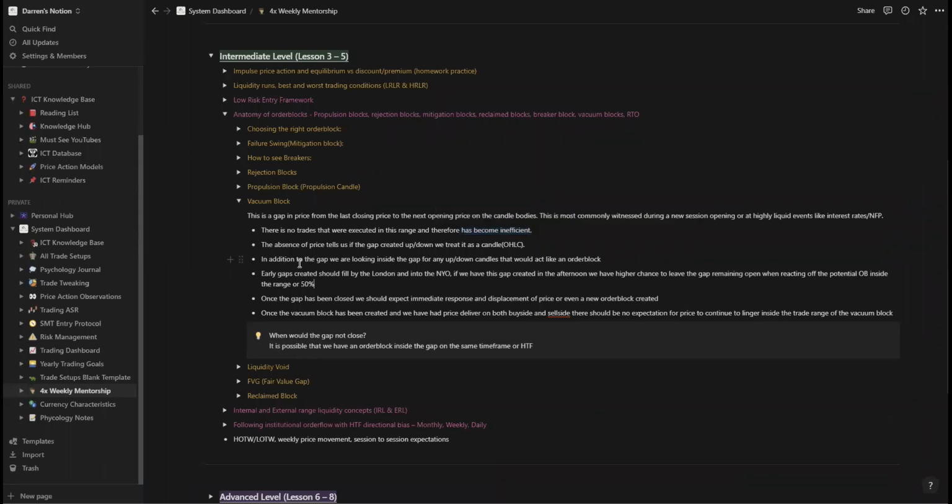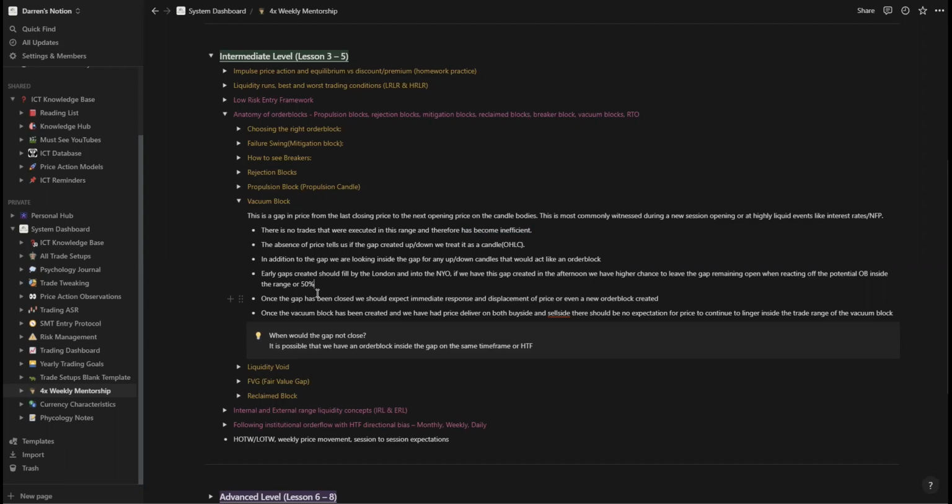Okay, so early gaps created should fill by the London and into the New York. If we have this gap created in the afternoon, we have a higher chance to leave the gap remaining open when reacted off of the potential OB inside of the range. Generally what that means is that if the gap's not closed by, let's say, the New York session of that particular day, it's unlikely to then fill it going forward.